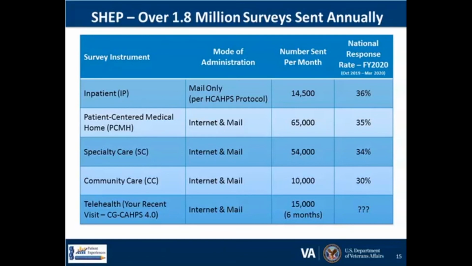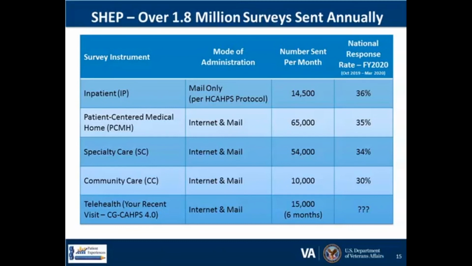We've developed a CAHPS-like survey for care in the community. You can define that by patients receiving care through VA in the community via the Choice Act and now certainly the MISSION Act. And given the onset of COVID last year and the diminishing face-to-face visits, we've deployed a telehealth survey, which is based on the CAHPS Clinician Group 4.0 visit survey.